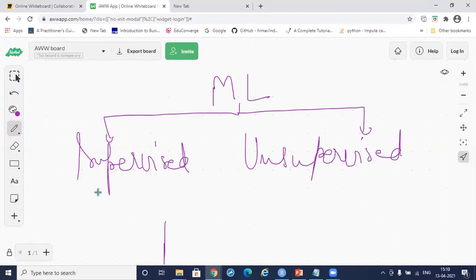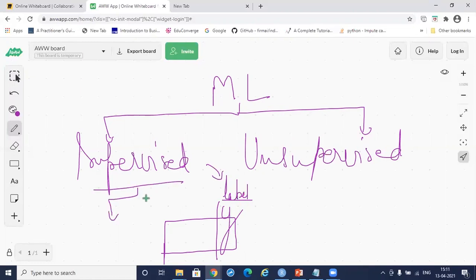One thing to consider about supervised learning is that whenever our data set has the Y label, meaning the Y label is present and needs to be predicted, we can do supervised learning.